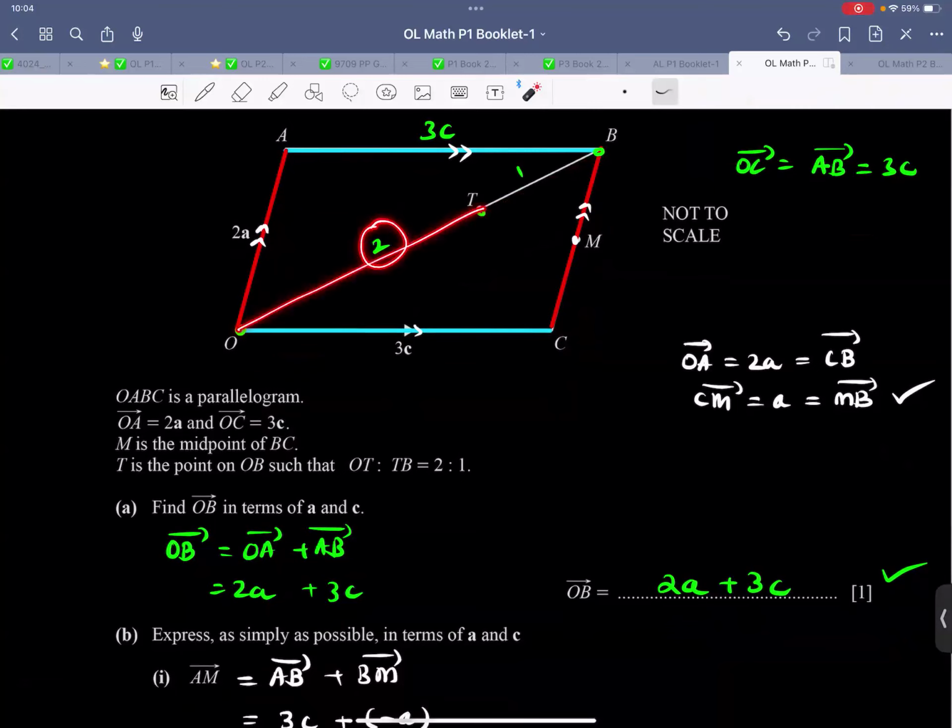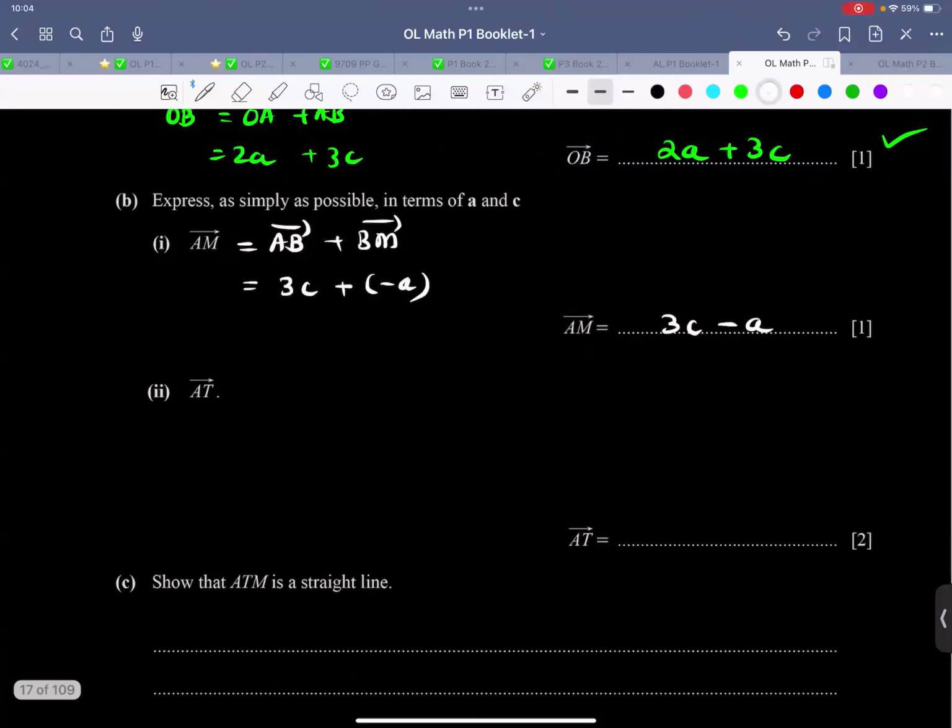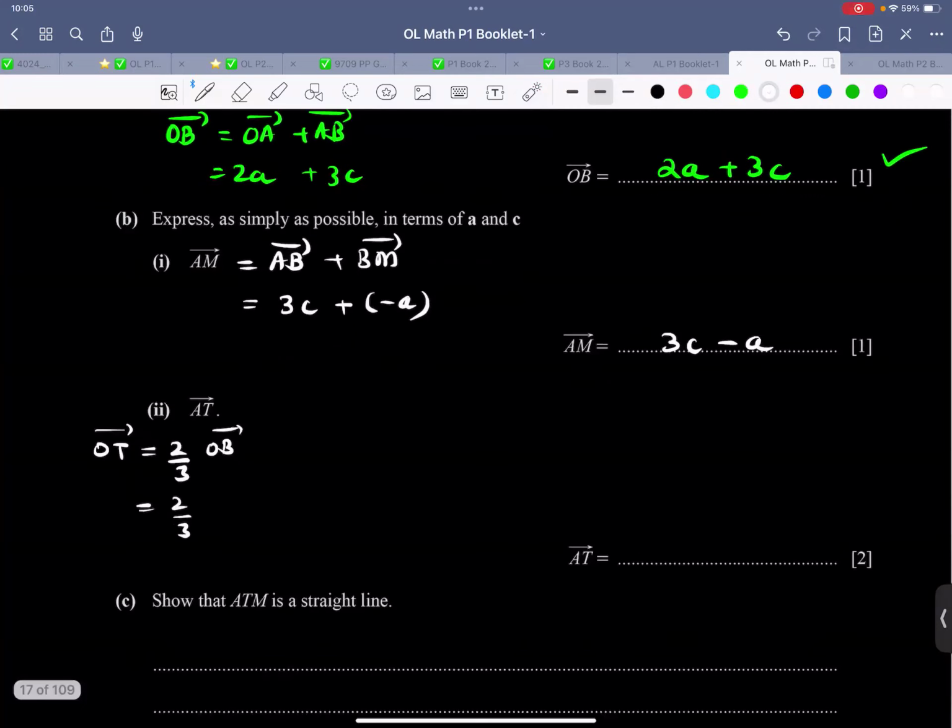So OT is 2/3 of OB, that is 2/3 of (2A plus 3C), which is 4A over 3 plus 2C.